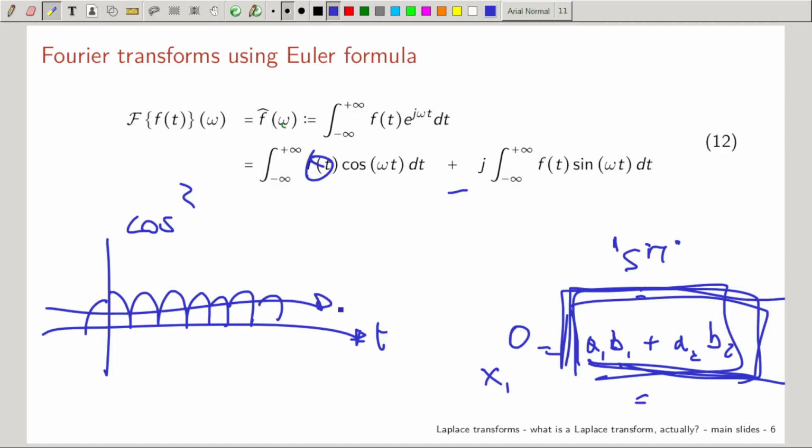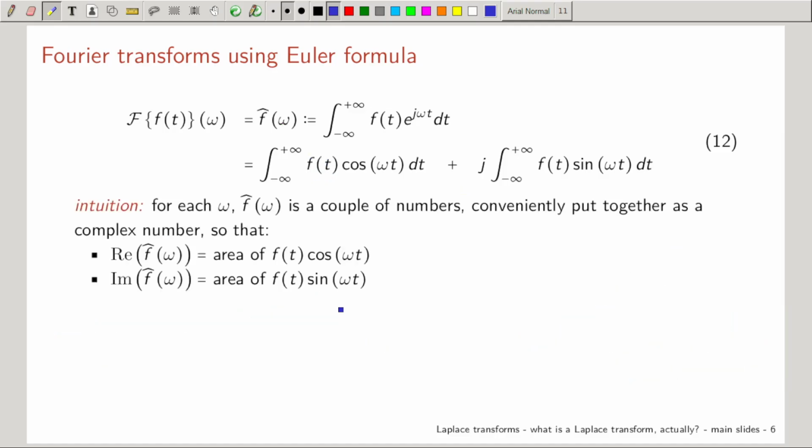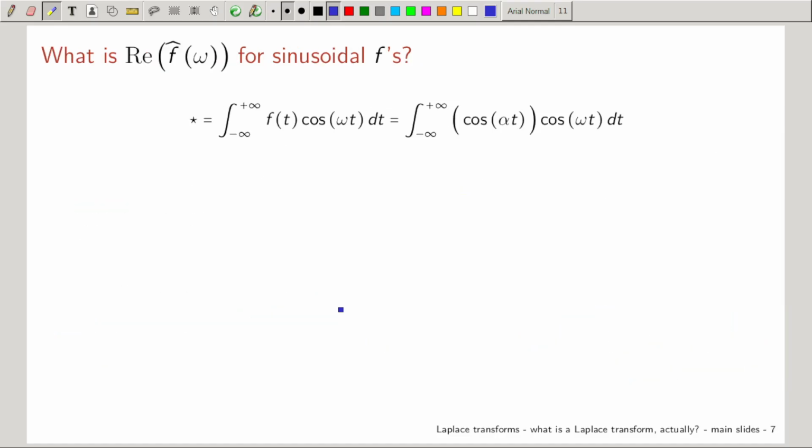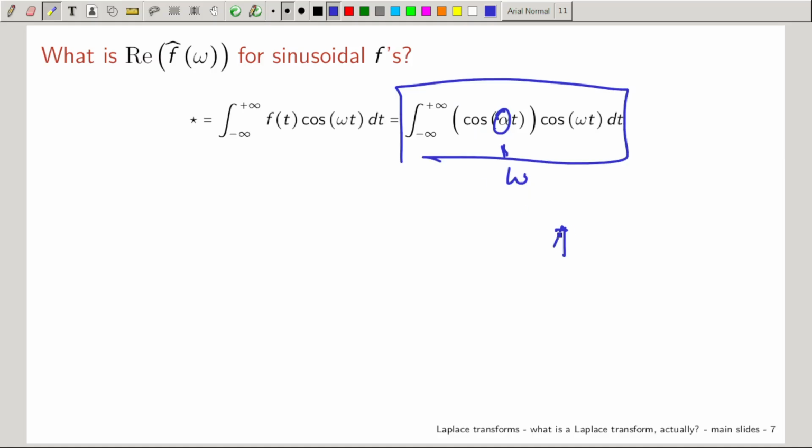We see. So if this is equal to omega, this stuff is always positive, this stuff goes to plus infinity. True?